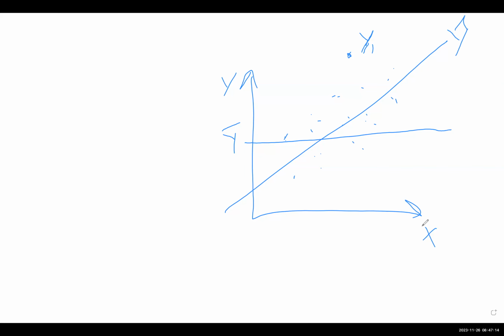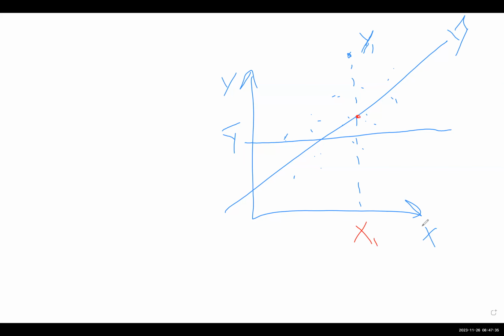Now, this person, I'm going to switch my colors out here. They have this value of X. We'll call that X1.